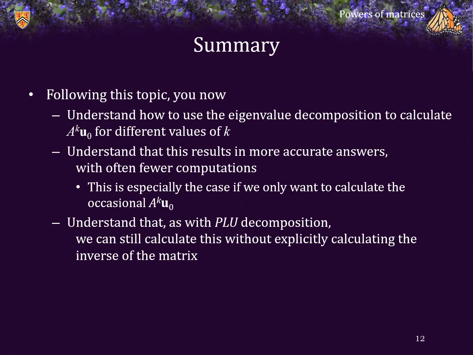Following this topic, you now understand how to use the eigenvalue decomposition, that is, diagonalization, to calculate A to the k times some initial vector u for different values of k, assuming, of course, an eigenvalue decomposition exists. You understand that this is going to result in answers that are more accurate and often require fewer computations, especially in the case where we only want to calculate the occasional power of the matrix A times the vector u.